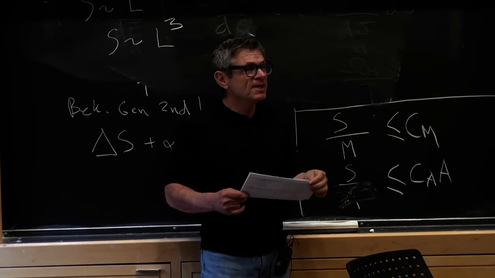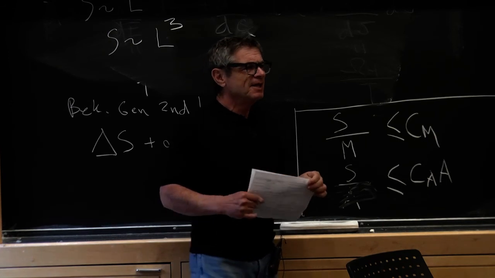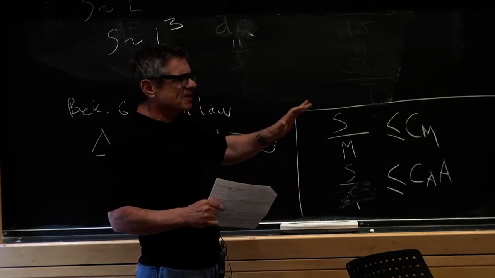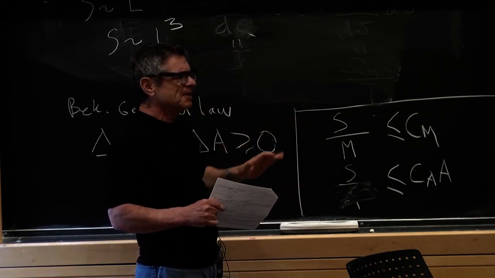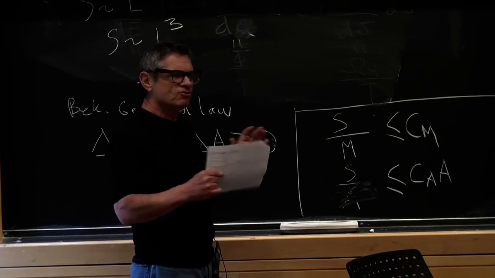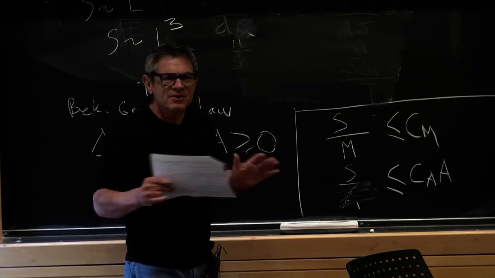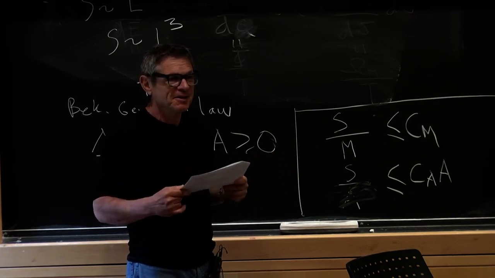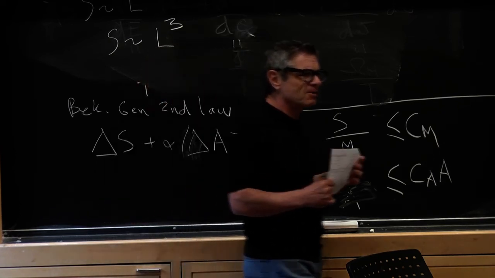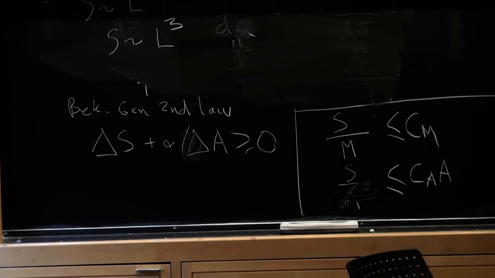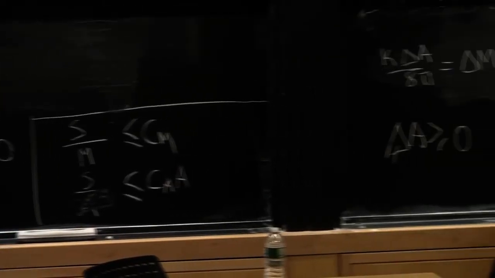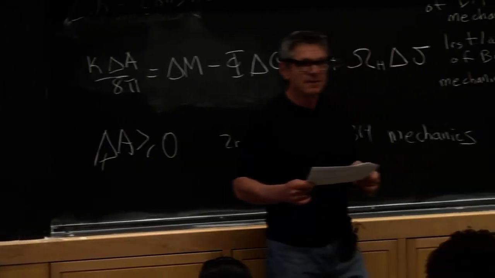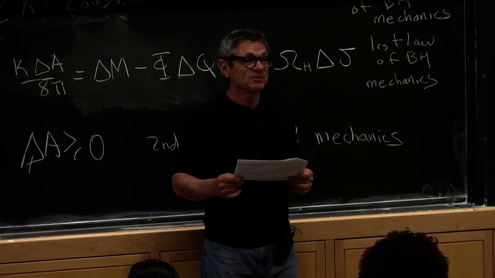So it's very interesting that just with this kind of elementary reasoning, you can get a constraint on the spectrum of elementary particles. So it's a very powerful argument in many ways. Any questions?